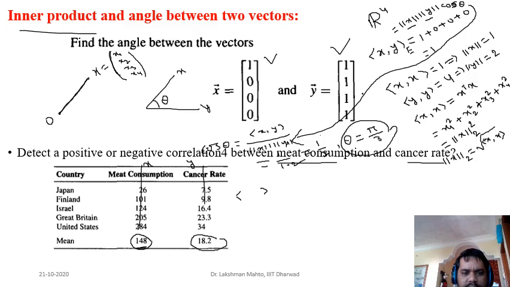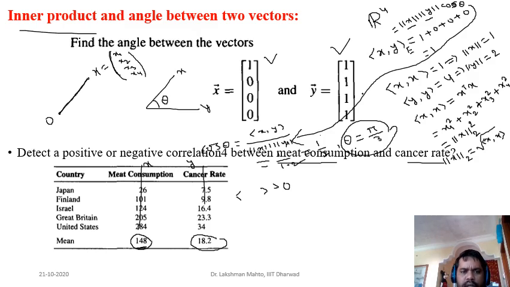Here you observe every entry of the first column is positive, and similarly every entry of the second column is positive. So definitely the dot product, which is the sum of component-wise multiplication, would always be greater than 0 in this case. Due to that you will observe that cosine similarity is positive.